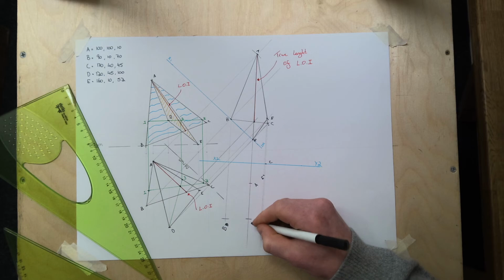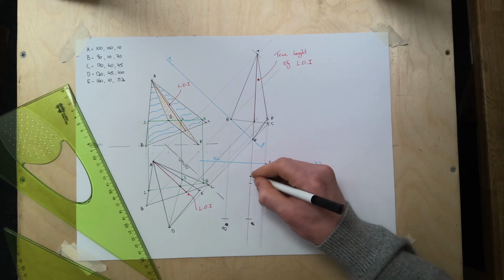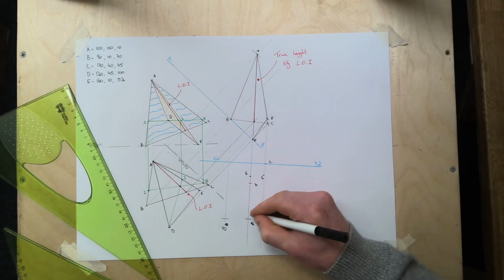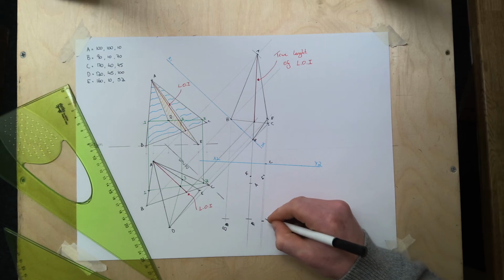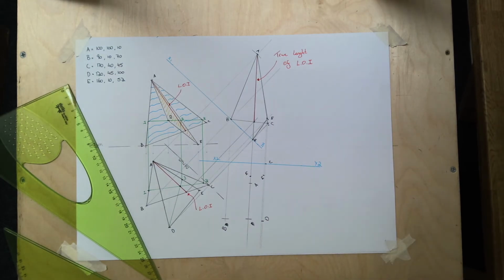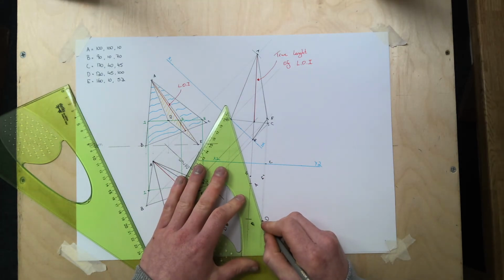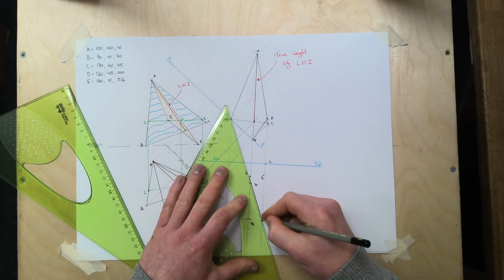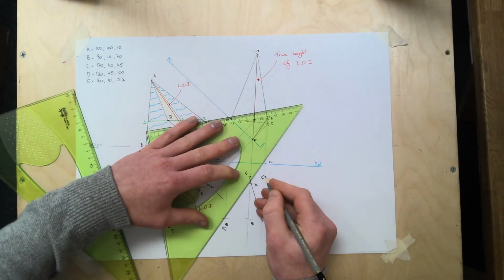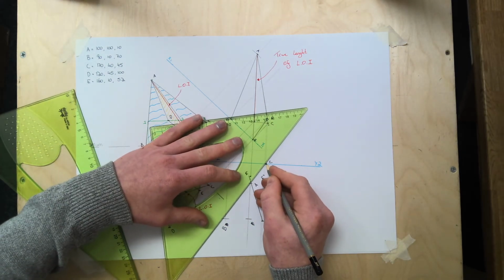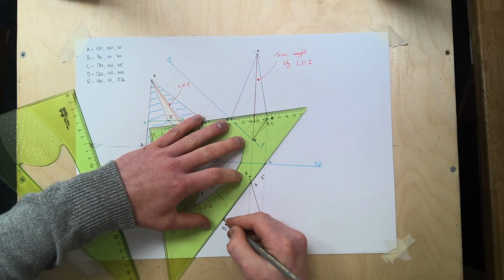This is actually E. So E is there, and my D then is across here, D. So be careful with your labeling. Now we can join our points, so D goes down to E, through A, and C goes through A and up to B.